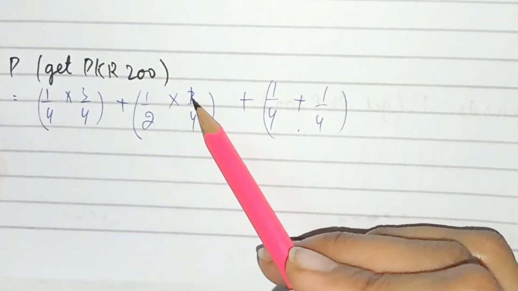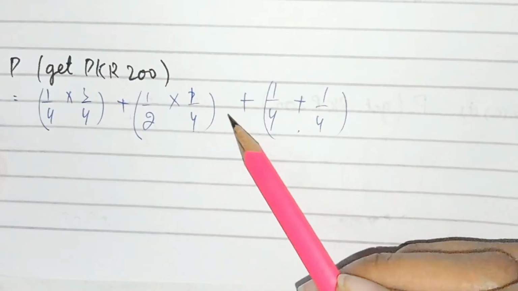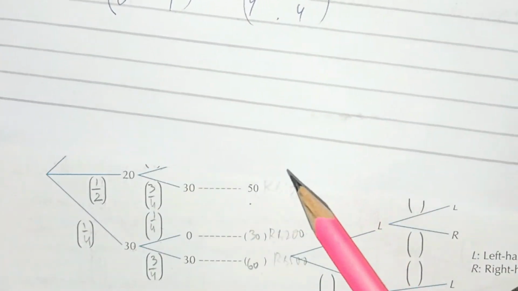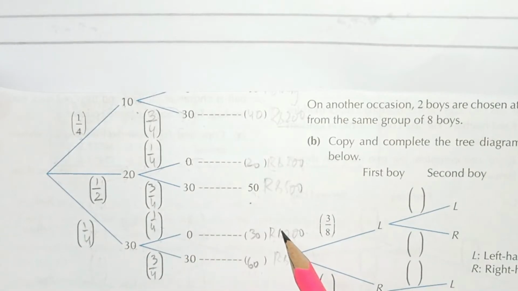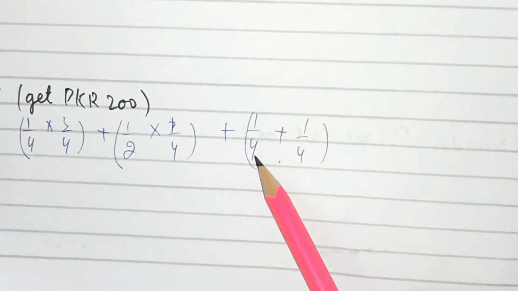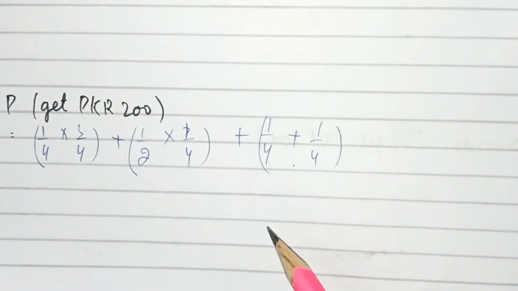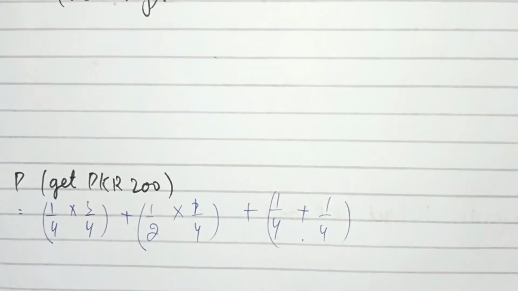Or probability may be 1 by 4 and 1 by 4. Now we have to solve it.